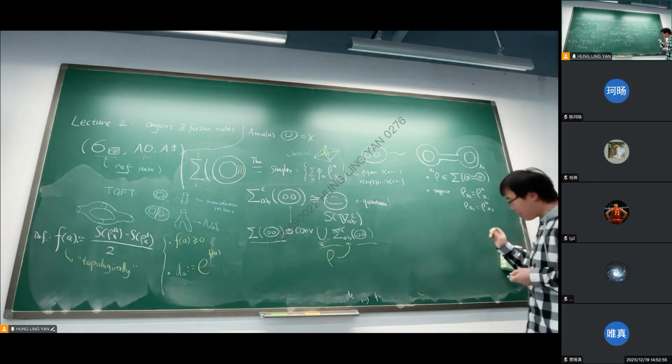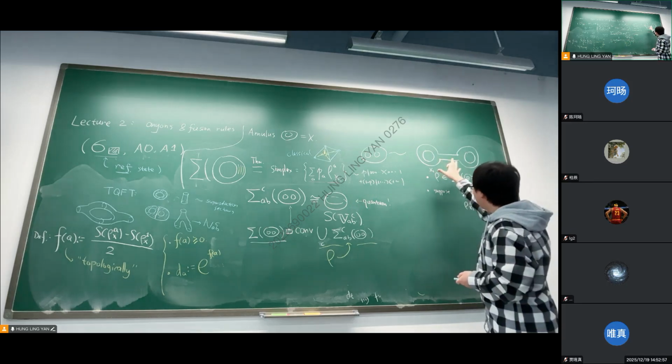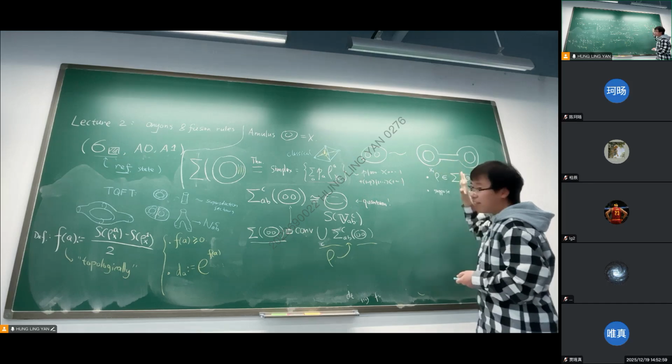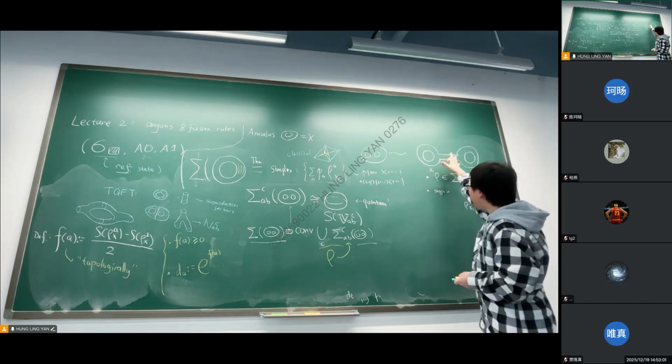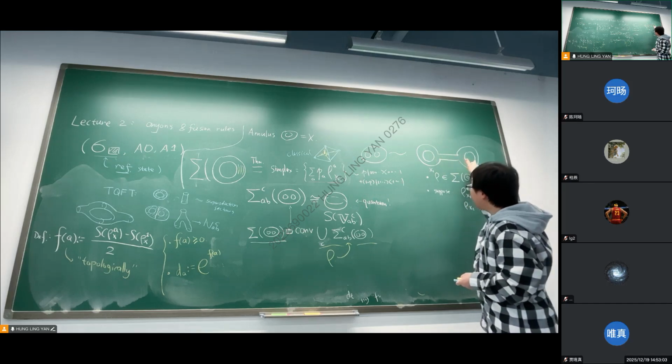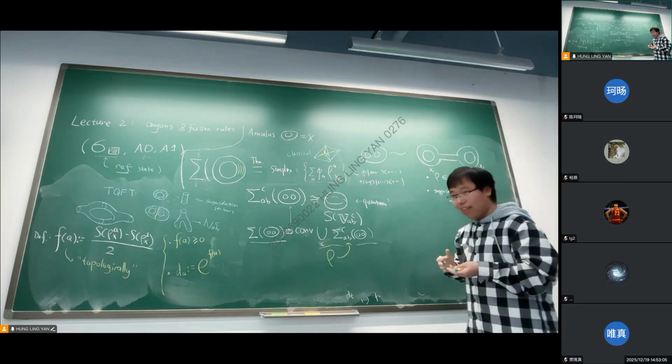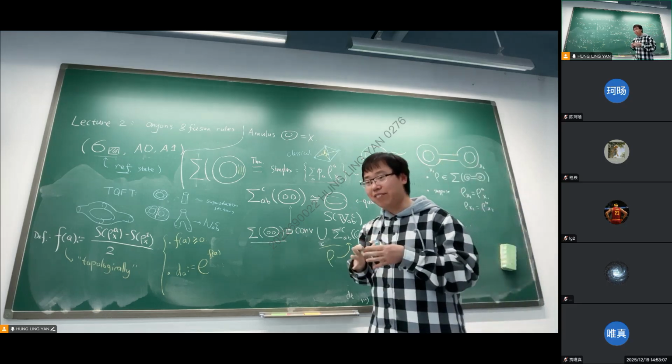So the question would be, how can we understand the state from the perspective of a two-hole disk and the information of the pieces?